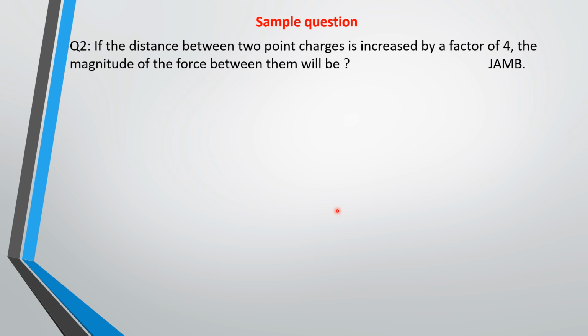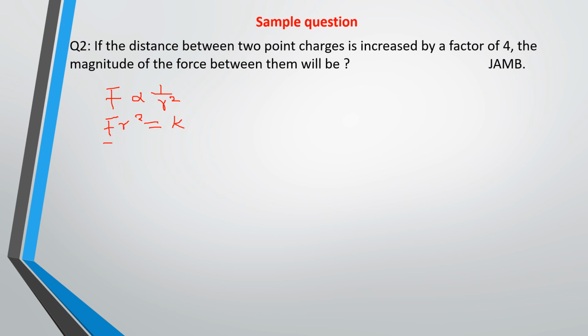So here, remember that force is inversely proportional to the square of their distance apart. Okay, so this you can also write as F r squared equals a constant of proportionality.